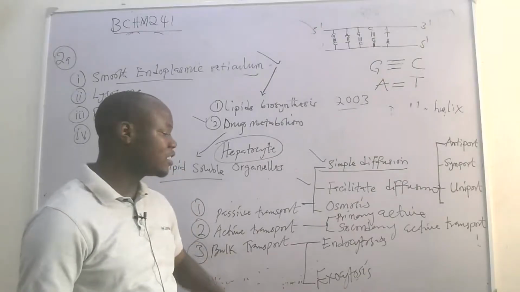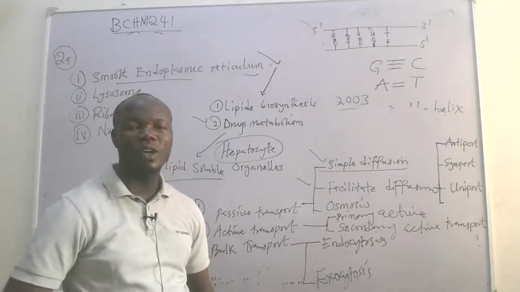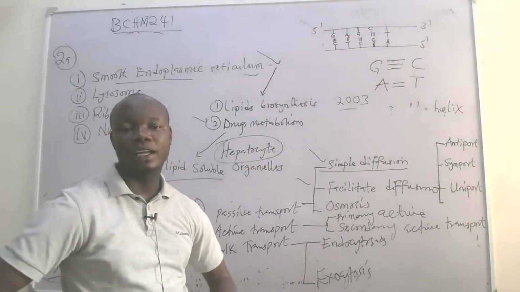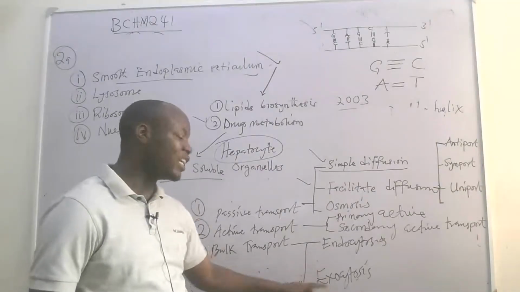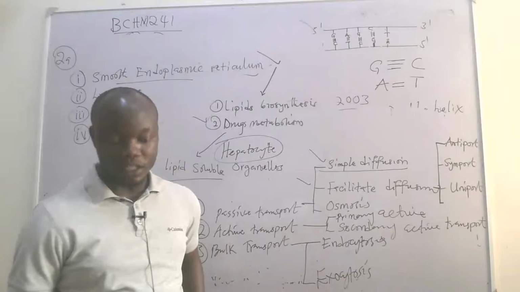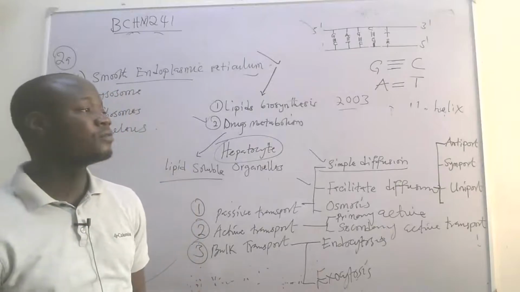And then we have bulk transport, where we have endocytosis. When you have larger molecules like bacteria, you need to apply endocytosis and exocytosis, for example during phagocytosis.